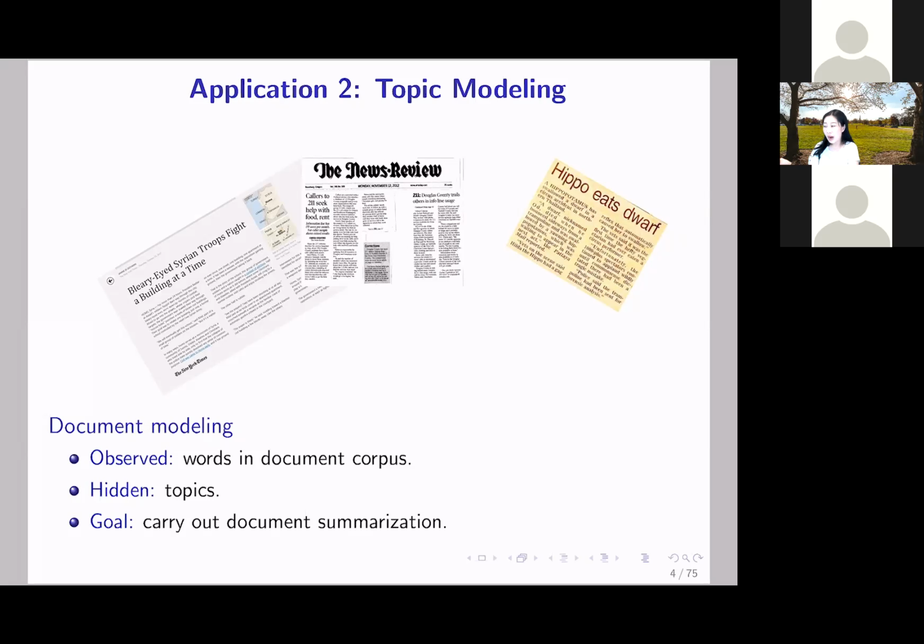Of course, there were other extensions even to computational biology and healthcare analytics and so on, right? So overall, I just wanted to say this topic modeling has a lot of applications, even outside of the actual document summarization.